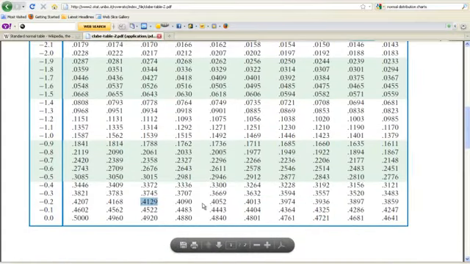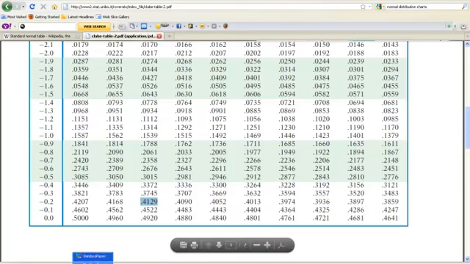By the way, this is exactly the same chart as is in your book. I'm hoping that you're using that in your book. This tells me that the value to the left of the z-score of negative 0.22 is 0.4129. Now that value represents area or probability.